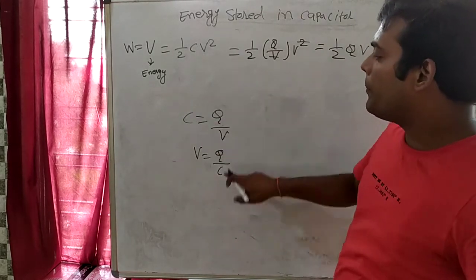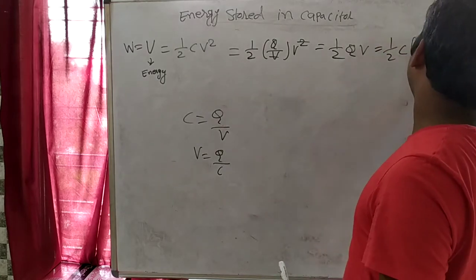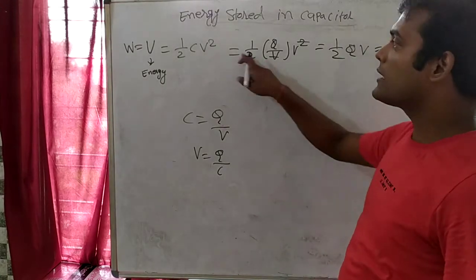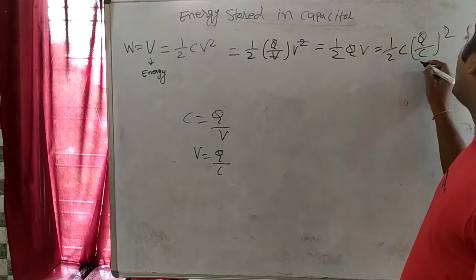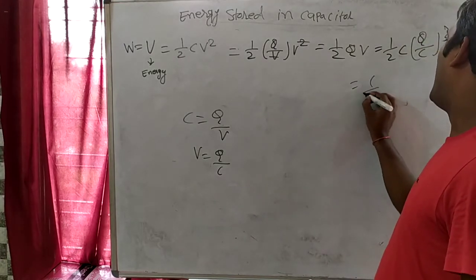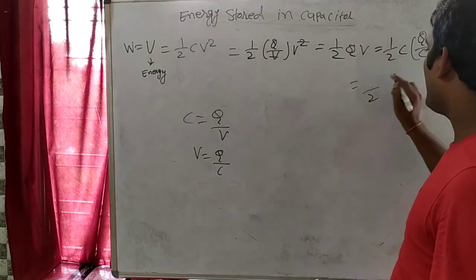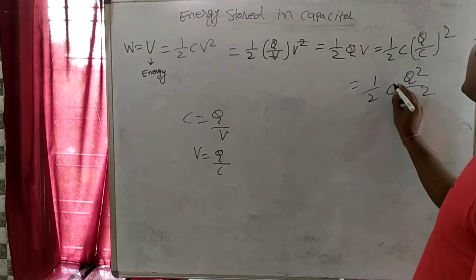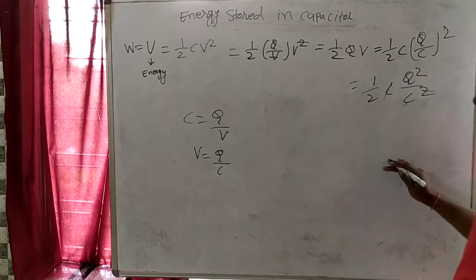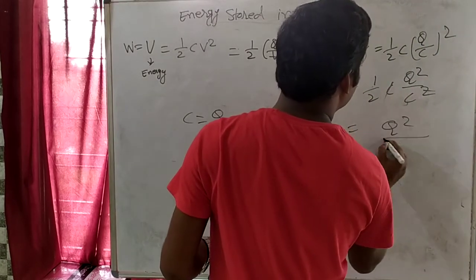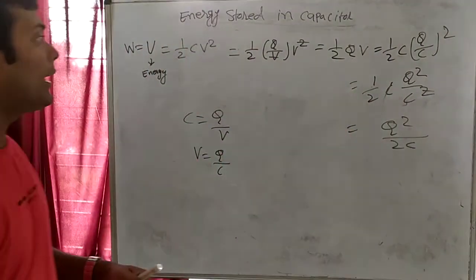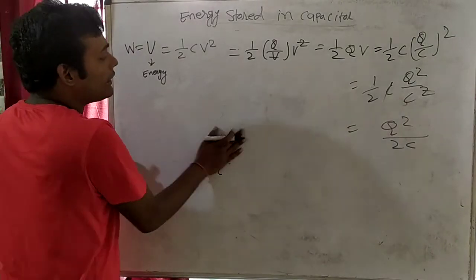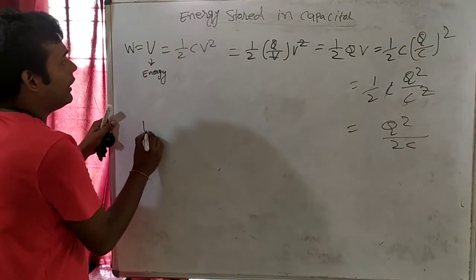Half C, and on the place of V that Q by C, so this will be Q by C whole square, because this is V square. This will be half C into Q square by C square. See, this C and this C will cancel. So what will remain here? Q square by 2C. That means we are getting three formulas of energy stored.